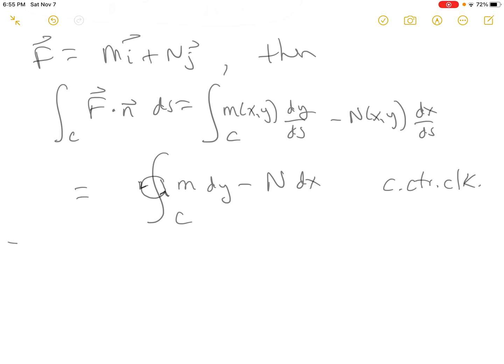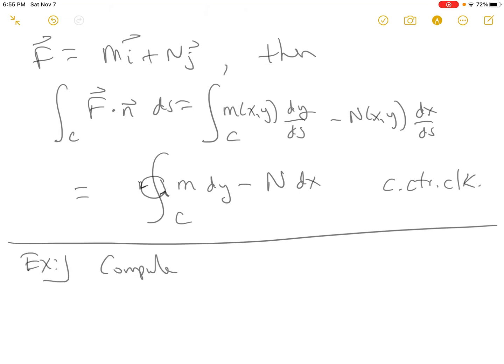All right, so let's do an example here. Compute the flux. This is an old example.